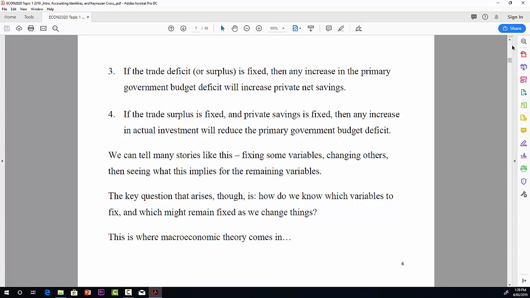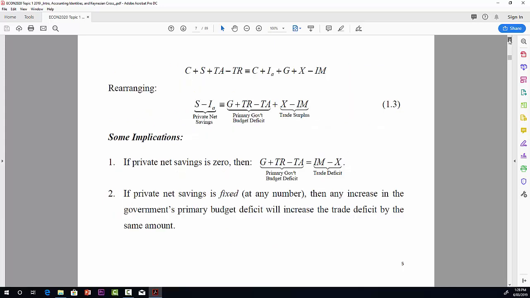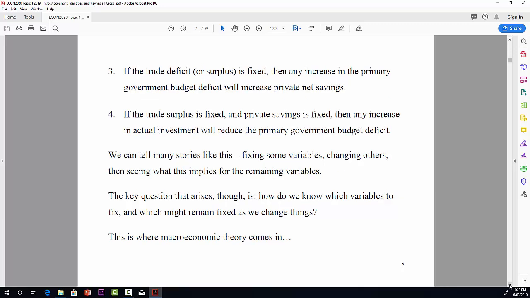So we're saying if savings is fixed and the trade surplus is fixed, then any change in this will be reflected in a change in this. So that's just another variation on what we can get out of this equation.